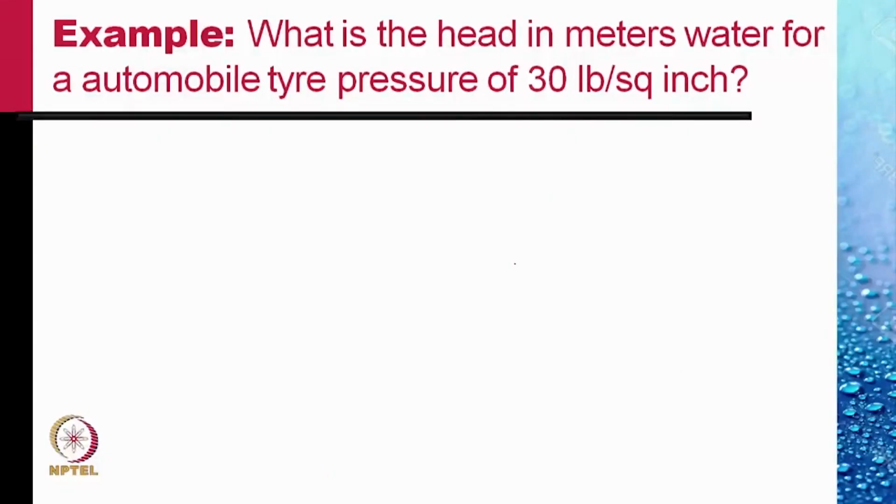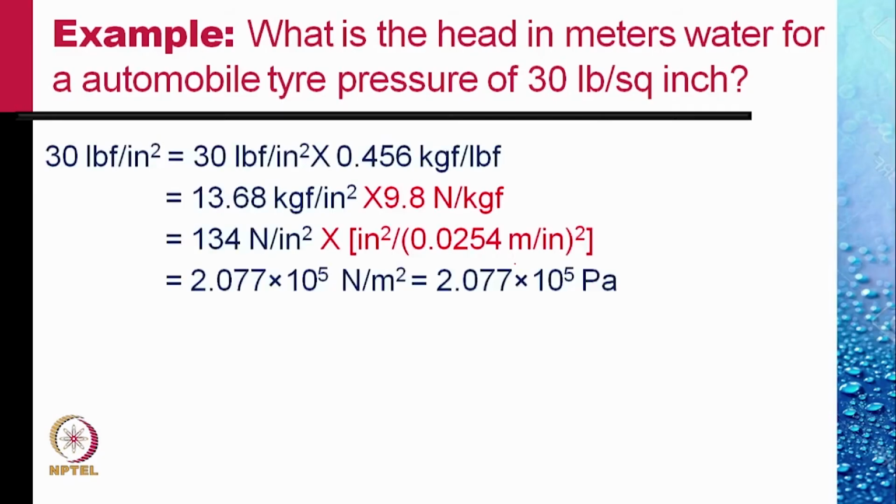Let's do an example of conversion of units. What is the head in meters of water for an automobile tire pressure of 30 pounds per square inch? We do the conversion. 30 pound force per square inch is 30 pound force per square inch multiplied by 0.456 kilogram force per pound force, which gives you 13.6 kilogram force per inch square.